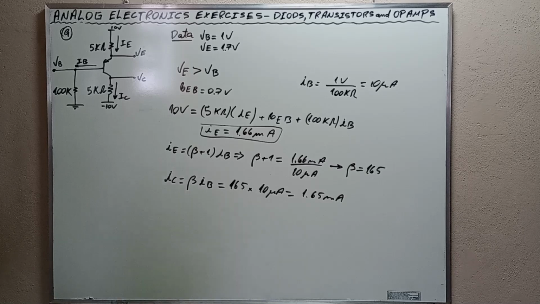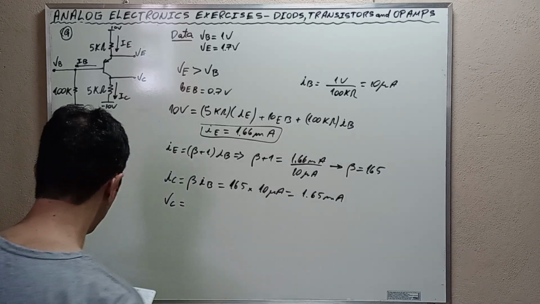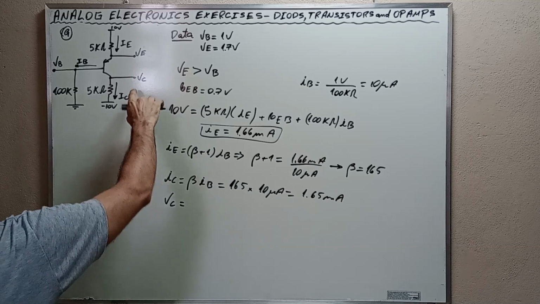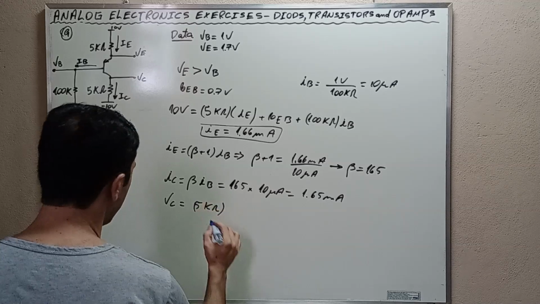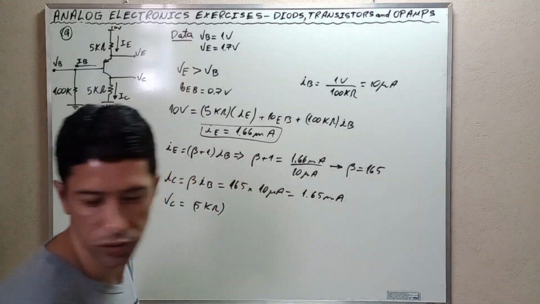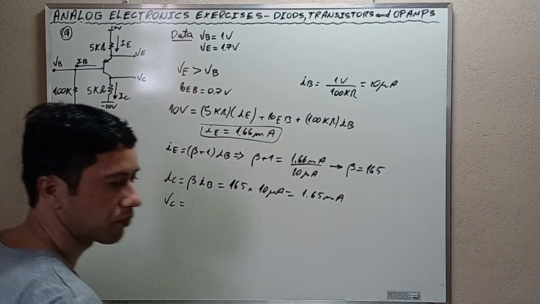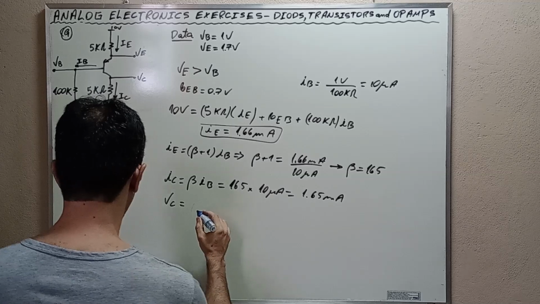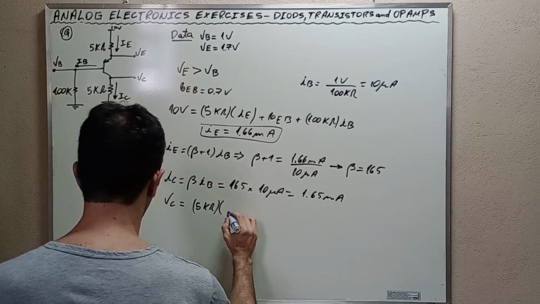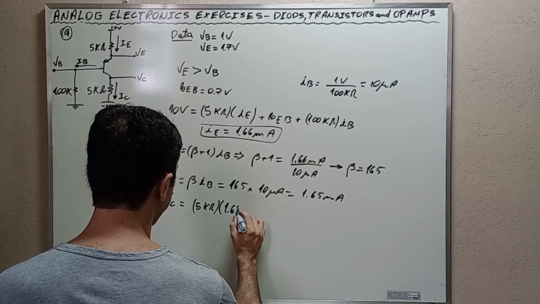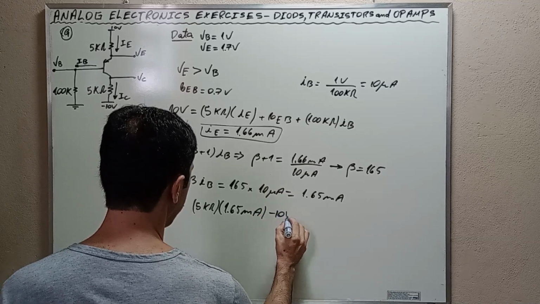Okay, now let's calculate VC. VC here is equal to 5 kilo ohms times 1.65 milliamps minus 10 volts.